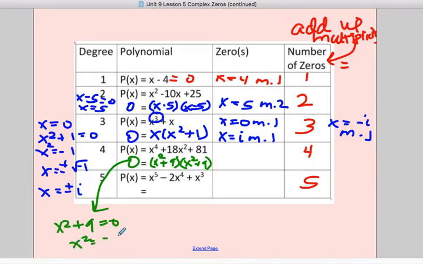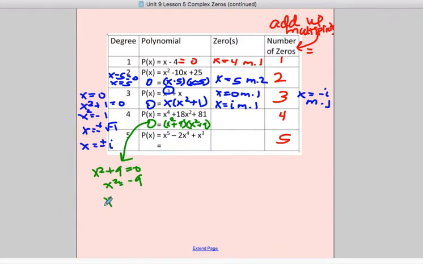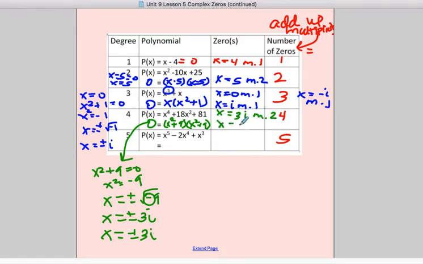Subtract 9 to the other side. I get negative 9. And then I have x equals plus or minus the square root of negative 9. The square root of 9 is 3. So I'll have plus or minus 3. And then we have the square root of that negative makes it 3i. If I were to do this with this other set of parentheses, I'll get the same answer. Plus or minus 3i. So that tells me I have one answer, x equals 3i, and the multiplicity is 2, and x equals negative 3i, multiplicity of 2.